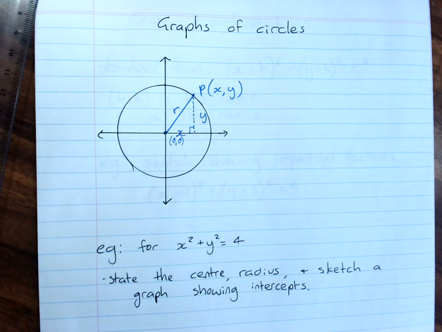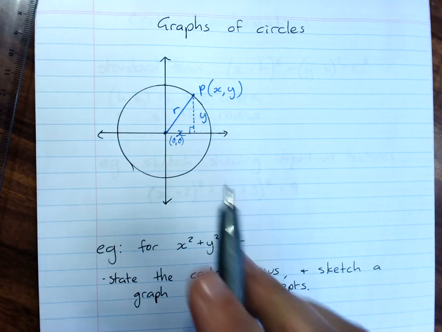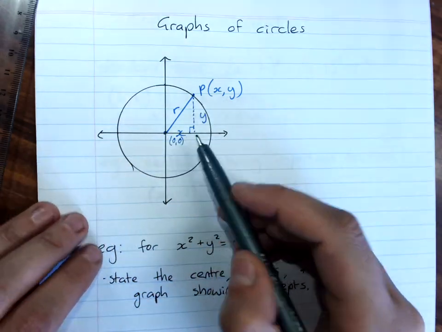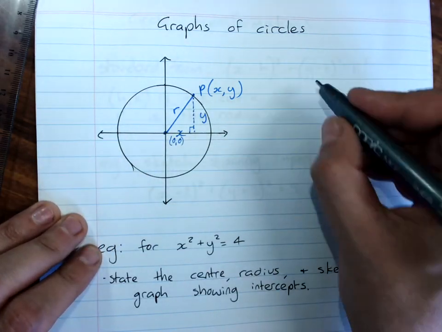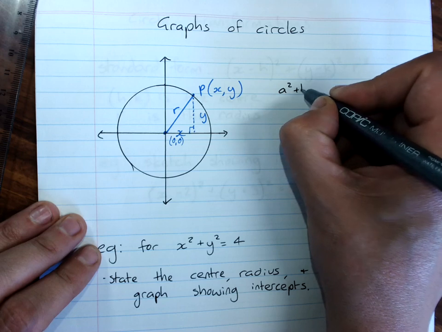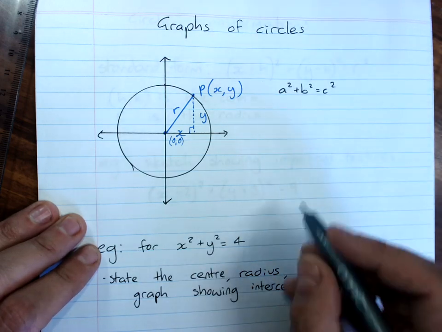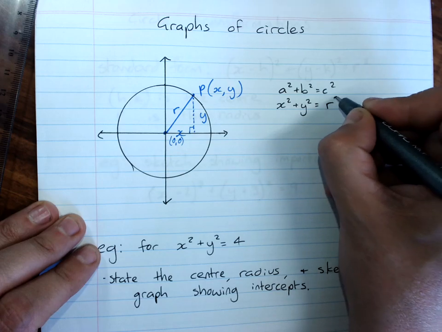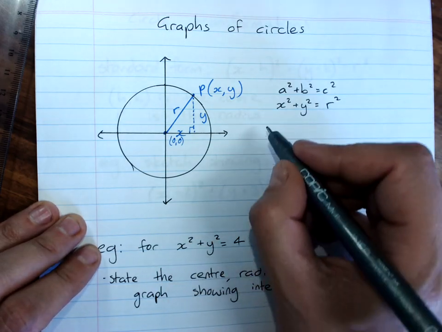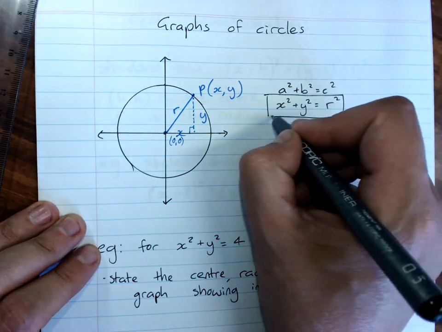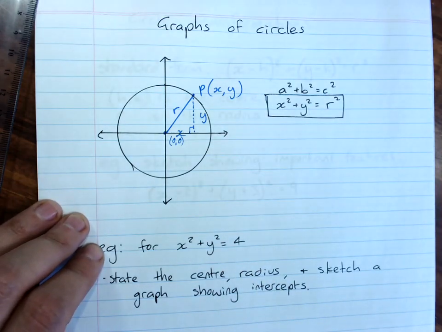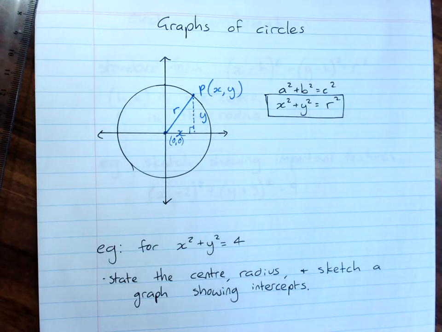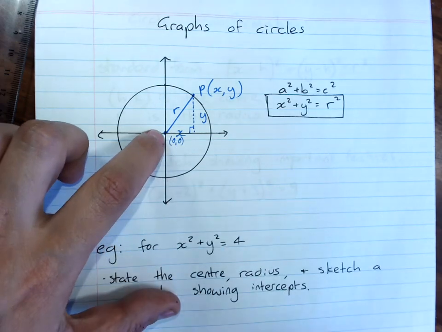That radius gives us that relationship between x and y, which is of course from Pythagoras' theorem. So x squared plus y squared equals the radius squared, and that is the form of a circle when its center is at 0, 0.